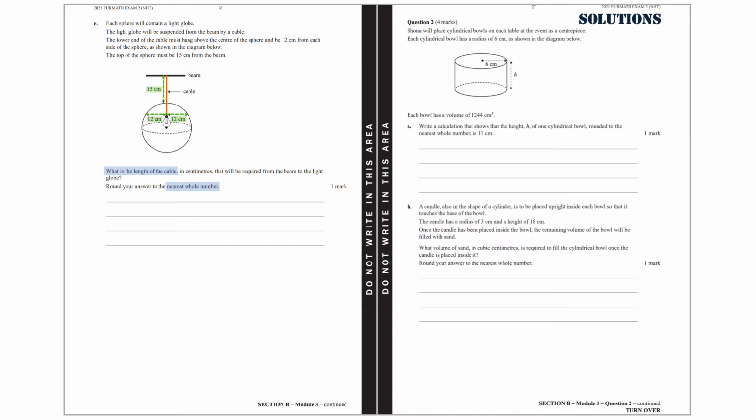We can draw the radius from the center of the sphere, as shown, to form a right-angled triangle with a hypotenuse of 18 centimeters and the top side 12 centimeters. Using Pythagoras theorem in this right-angled triangle, x equals square root of 18 squared minus 12 squared, and this equals 13.42 centimeters.